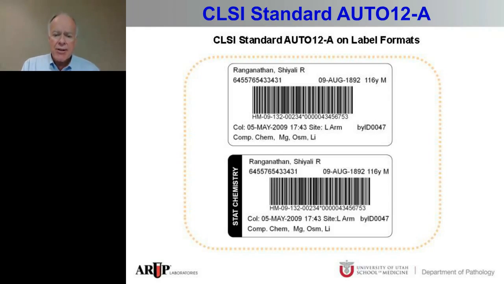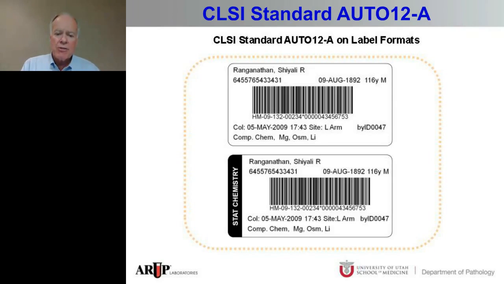And so this standard is not concerned with the barcode. That's a different CLSI standard, AUTO2, but this standard is concerned with the human readable content. So patient name, and there in the standard are specified font types, font sizes, and formats.